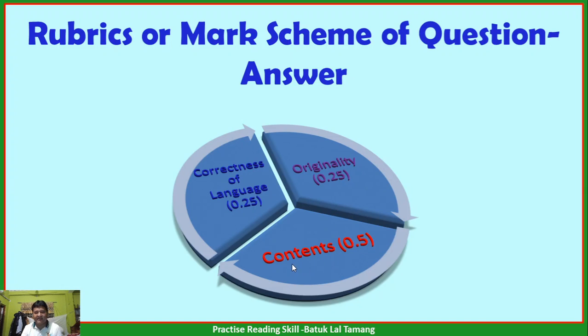If the content is correct, then the answer will get 0.5 marks. And for another 0.5 marks, you have to remember another 2 points. They are correctness of language, 0.25, and the third point is originality, 0.25. So you have to remember 3 things: content, correct language, originality.